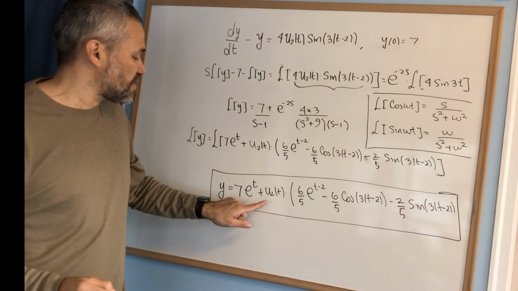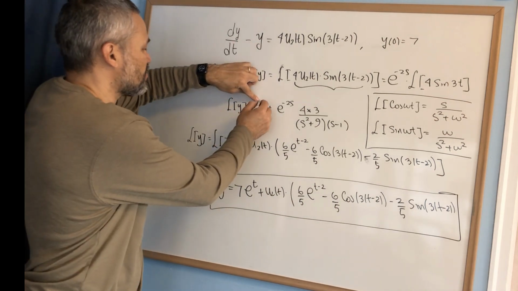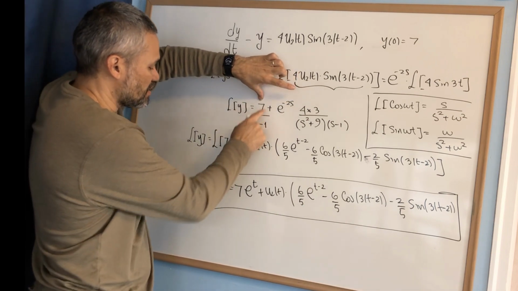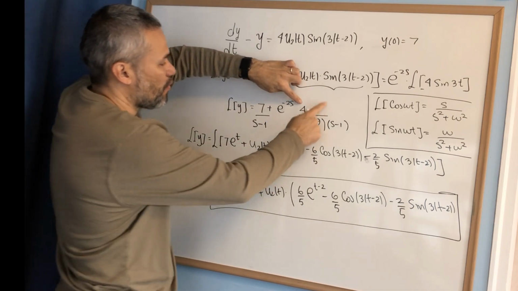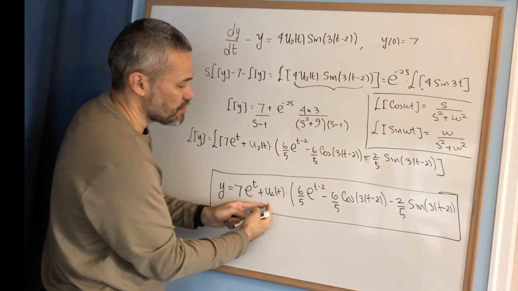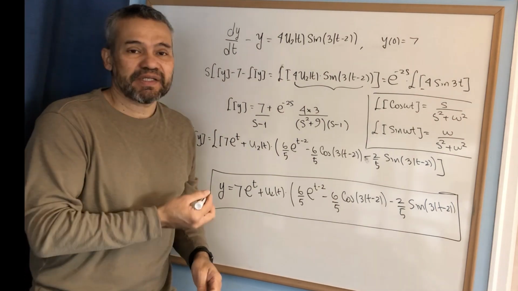Okay, this is the solution of the initial value problem. As always, we had to compute two inverse Laplace transforms, one for the part that produced this, and one for the part that gave us the f of t that we changed into this part of the solution. Okay, this is it for this video.